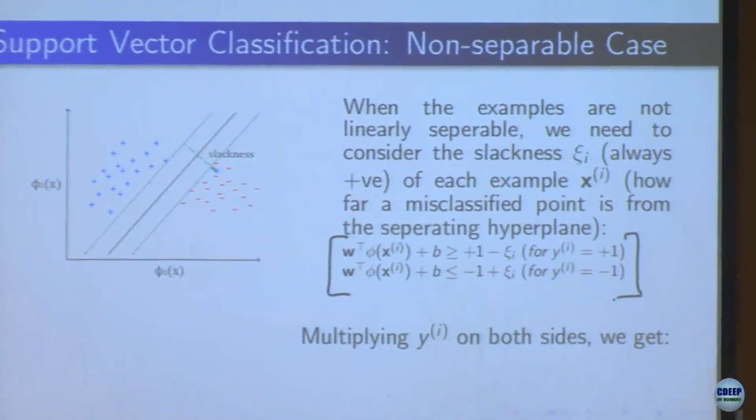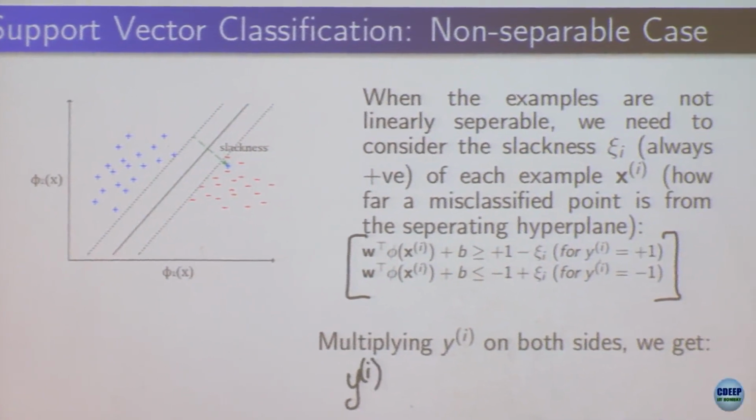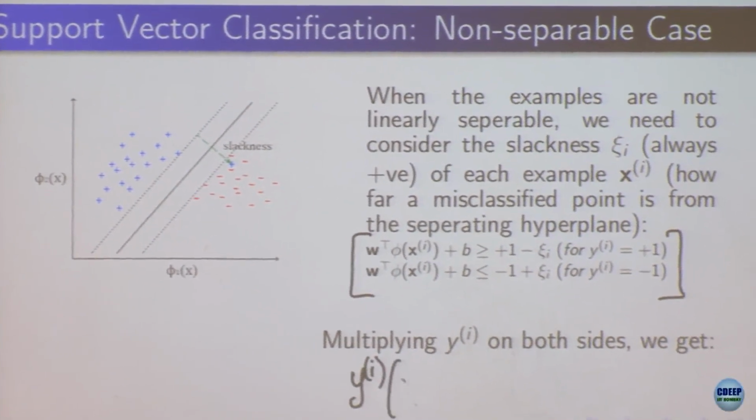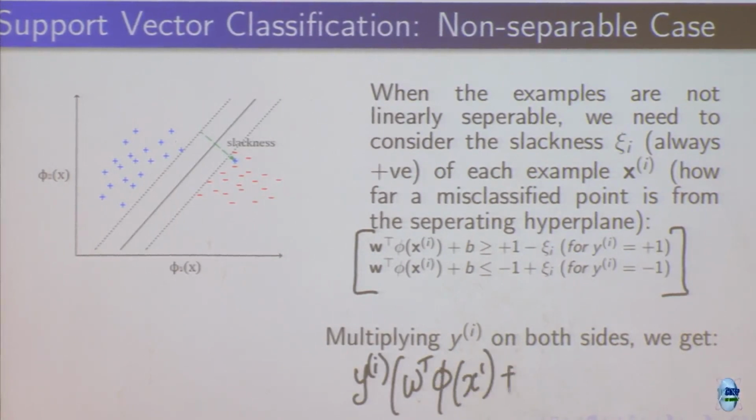I mean, I can just make these constraints more compact like before and say if I just multiply yi into both, W transpose phi xi plus b is greater than or equal to 1 minus xi. If you combine these two, okay.